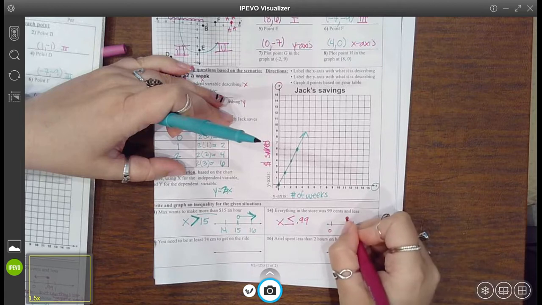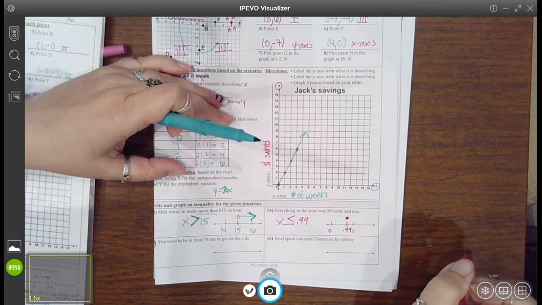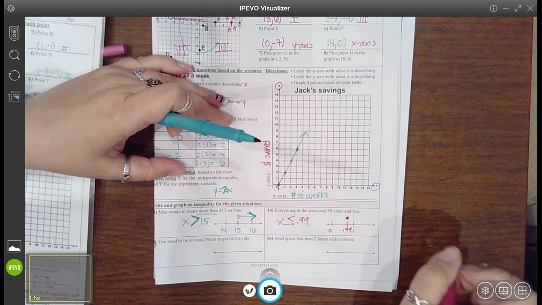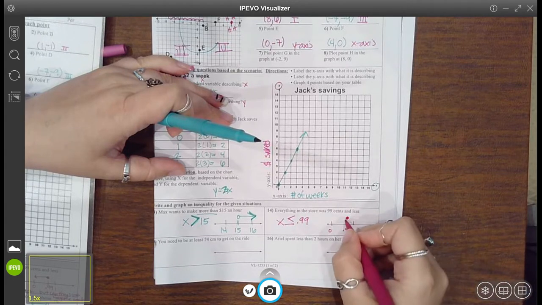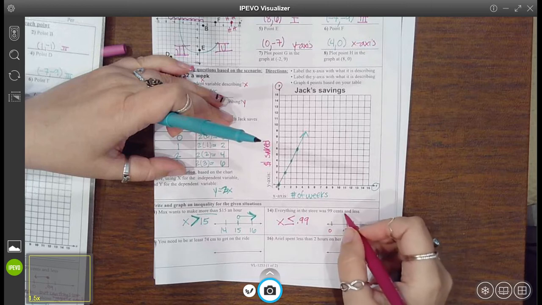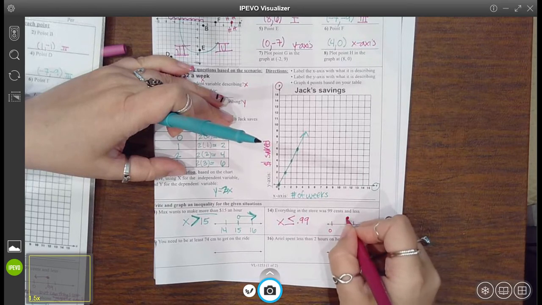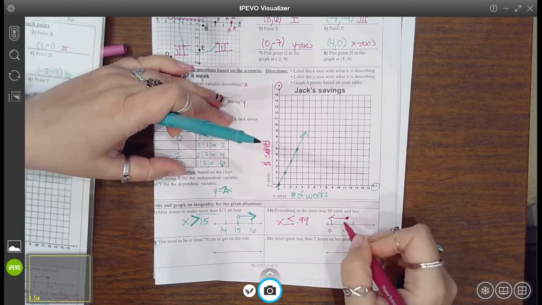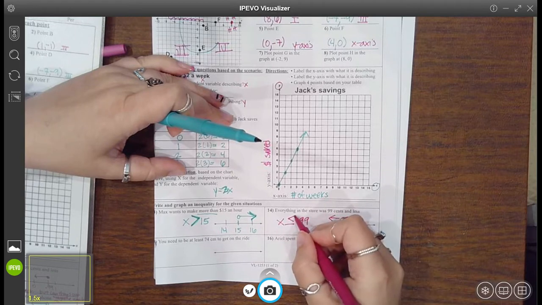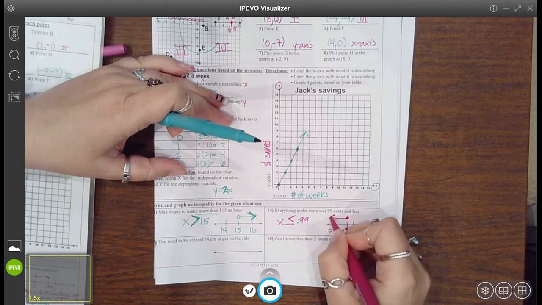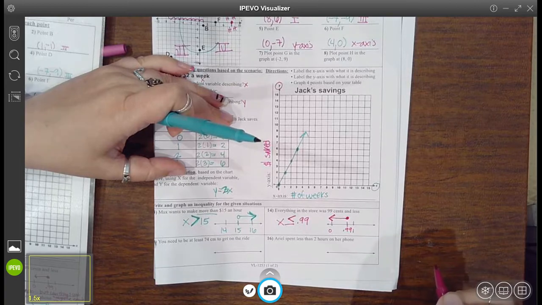So it's including the 99 cents. So I'd put it right there as a closed circle. And then is it bigger or smaller? Well, they said at this store, nothing is allowed to be more than 99 cents. It's that or less. So it goes to the left. And notice that your inequality matches your arrowhead.